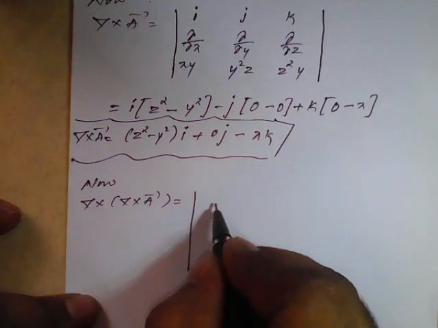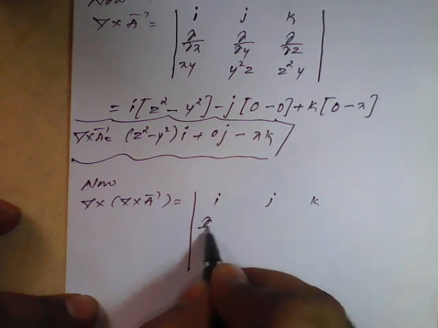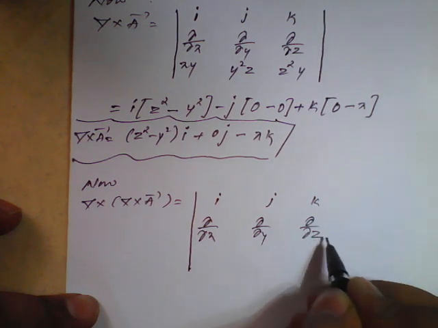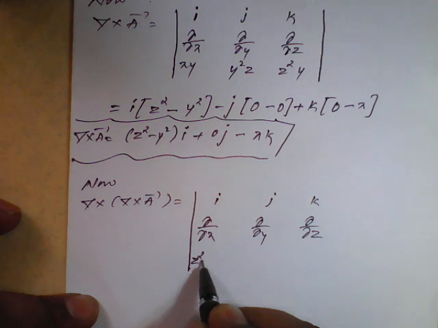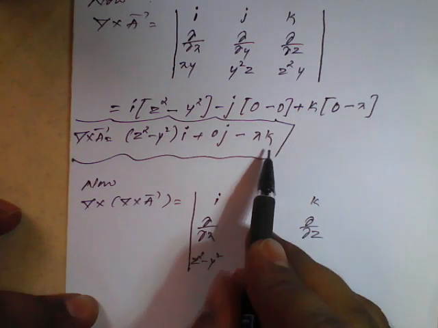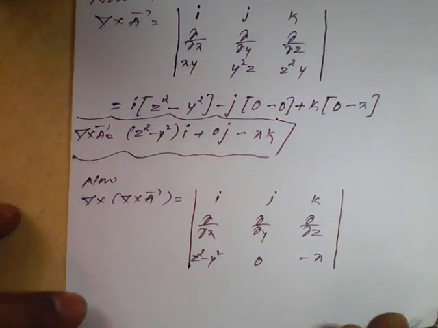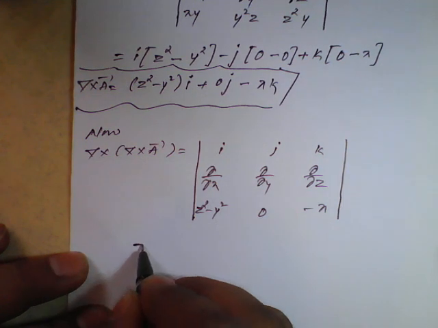First row is i, j, k. Second row is again dou by dou x, dou by dou y, dou by dou z. The coefficient of i is z squared minus y squared, the coefficient of j is 0, and the coefficient of k is minus x. Now again simplify the given determinant.